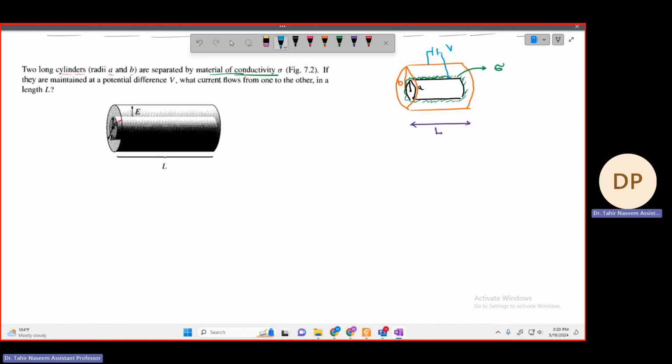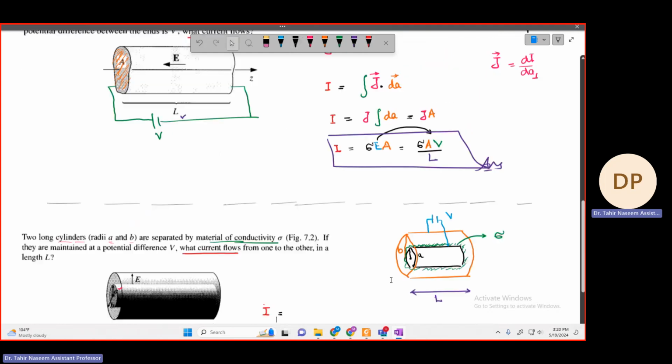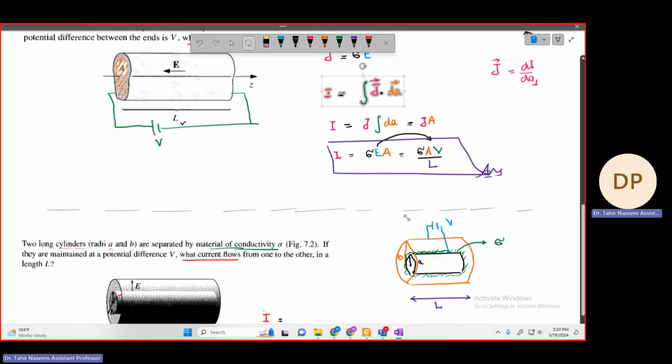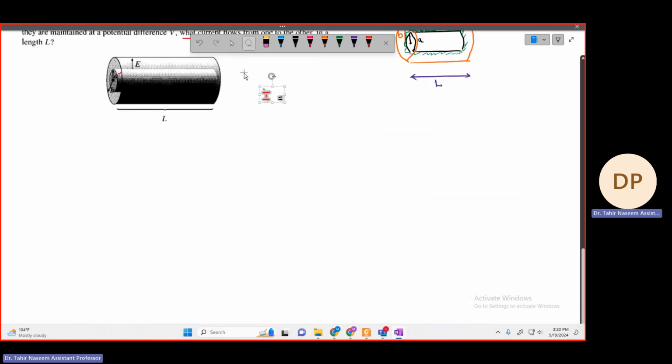The question asks what current flows. So we need to find how much current is flowing through this material, right? Once again, our starting point will be writing I is equal to J dot dA, right? From the definition of current density.